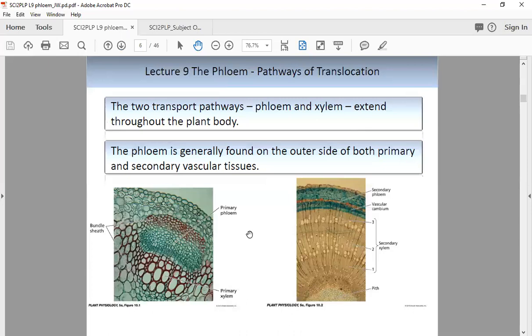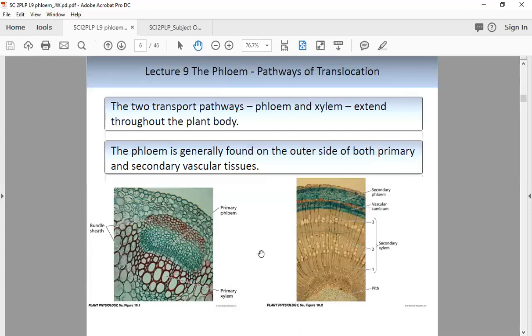So the illustration, the photo on the left, is showing primary phloem. So this is a transverse or cross-section of a stem of clover. And it's showing the primary phloem, labelled as such here, to the outside of the primary xylem.